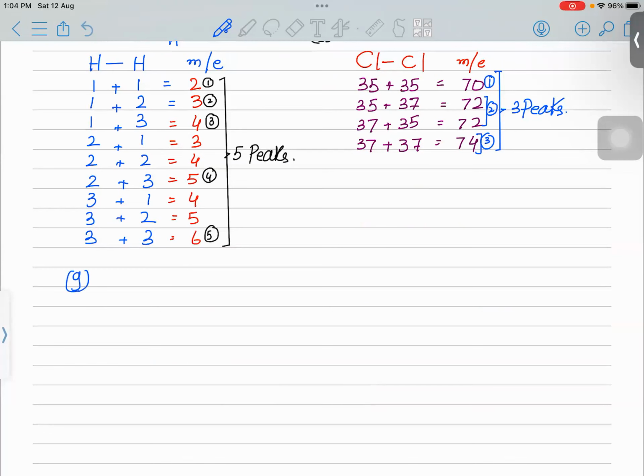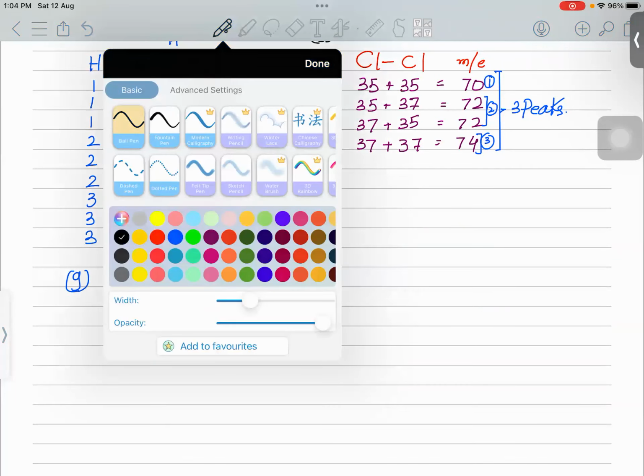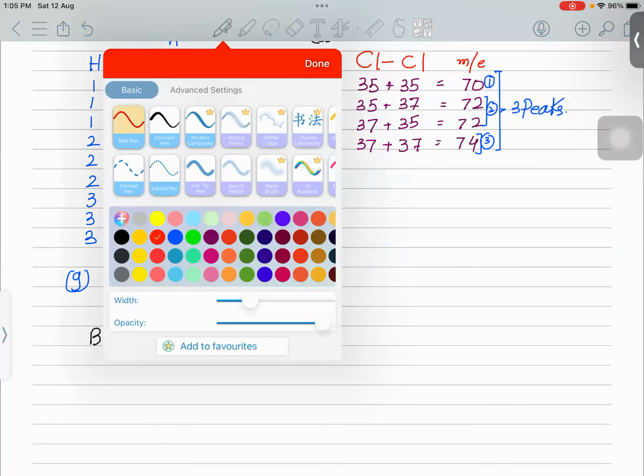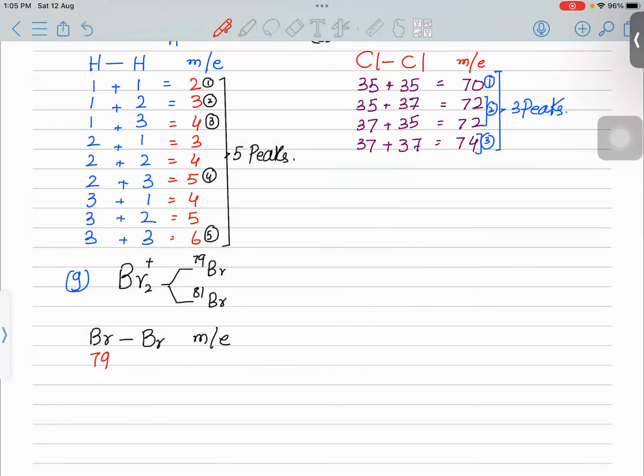Now Br2 positive. You know that bromine has 2 isotopes, 79 and 81. So bromine, mass over charge ratio. First combination is 79-79. Second is 79-81.